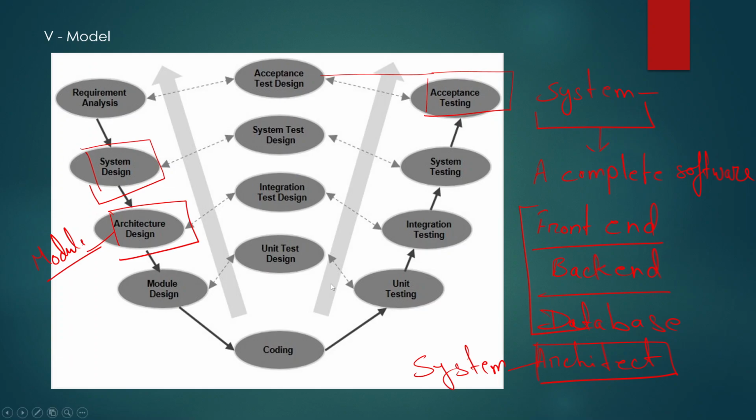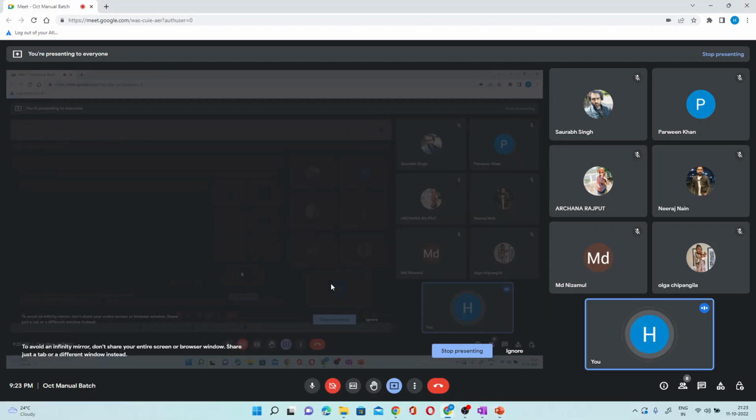So what is HLD? HLD is basically a document wherein you have a flowchart. Does anyone have any doubt about what a flowchart is? Let me show it to you.